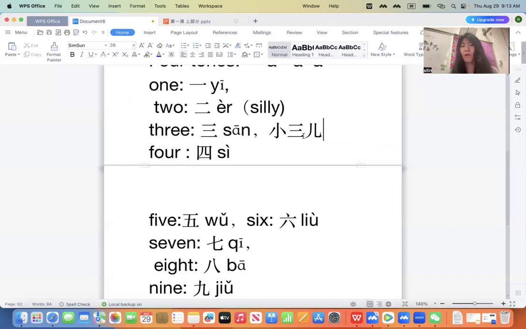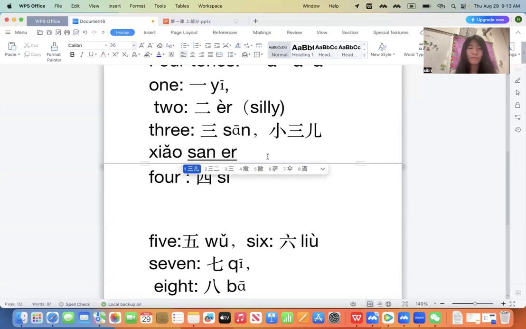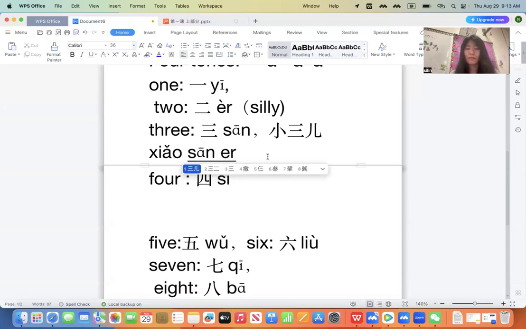So small third one. That's what we call the third person in a couple during the relationship who tries to destroy your relationship. That person you're calling 小三儿. I will tell you about that later.